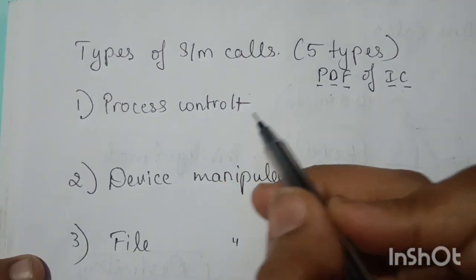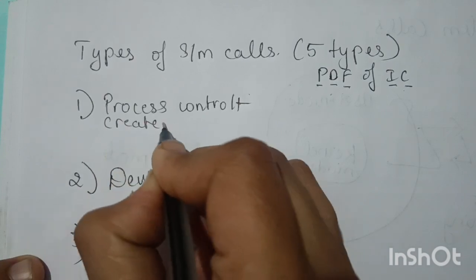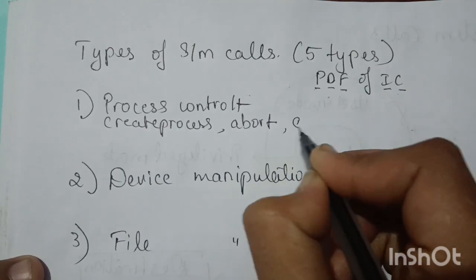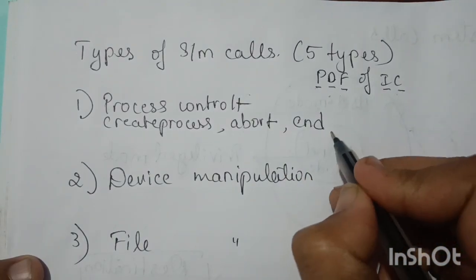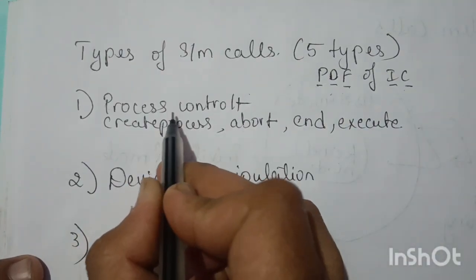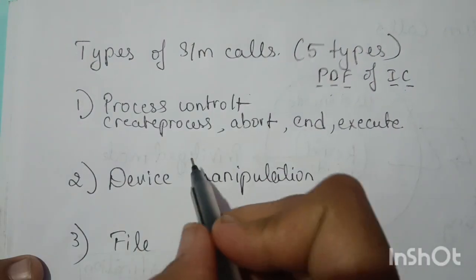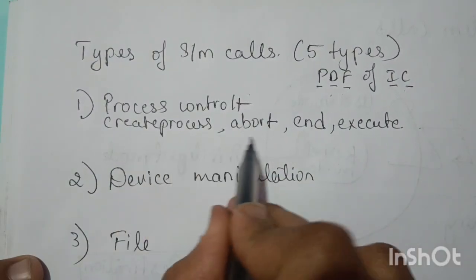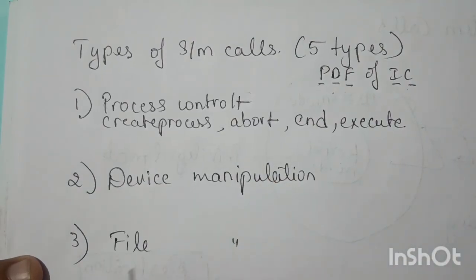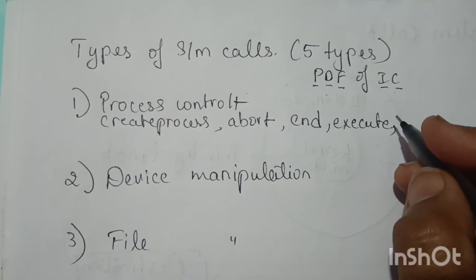These are all related to process control. Write at least 6 to 7 system calls for each type, so it will be better, like get process.